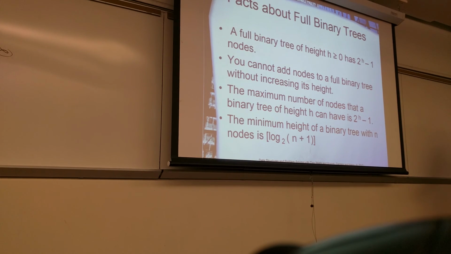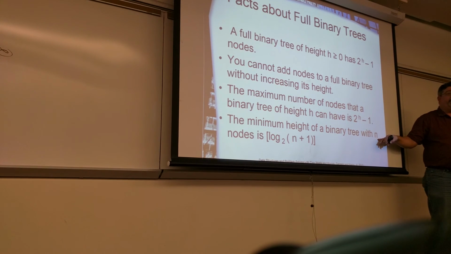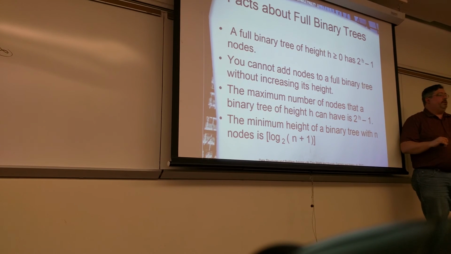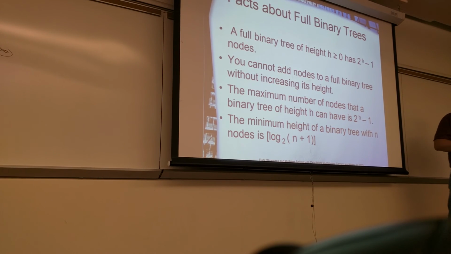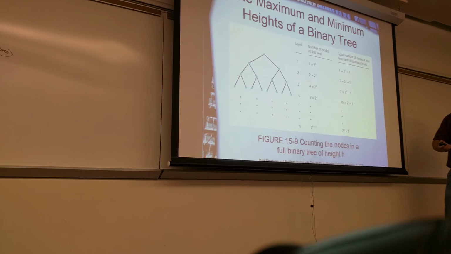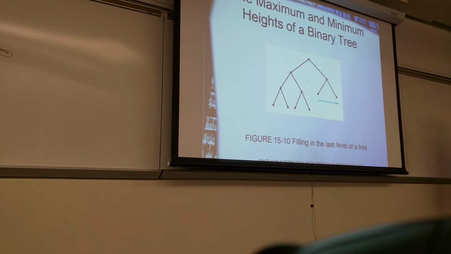That is also important, because that way if you're given some value n, you can determine, without actually making the tree, how deep the tree is going to be. I mean, best case. And you can't do any better than that either. You can't make this tree more optimized for 15 nodes. That's as best as it gets.